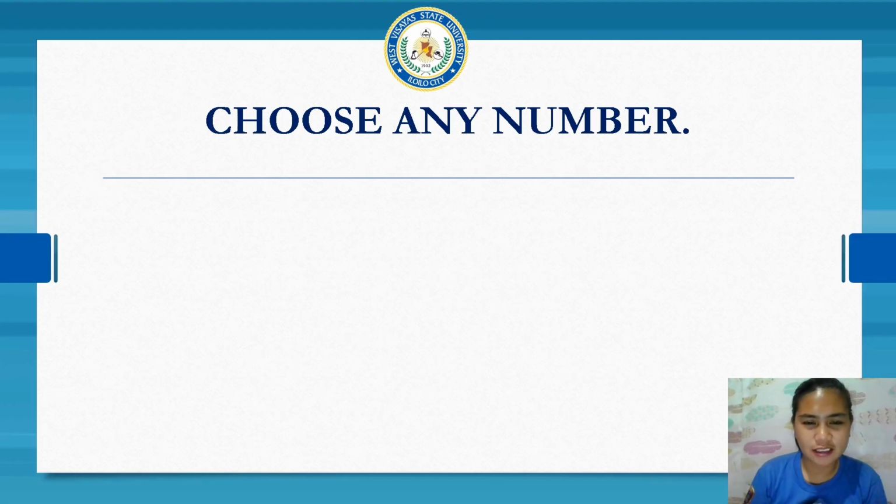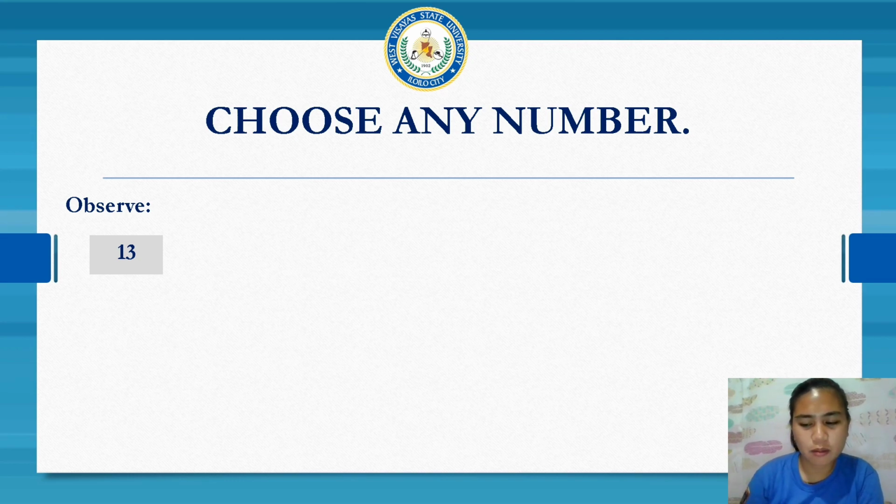Hello, classmates. So this is the continuation of our presentation on real numbers. At this section, can you choose any number, whatever number comes into your mind? Let's say you have chosen the number 13.